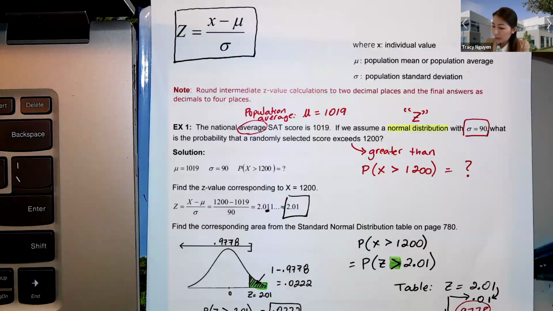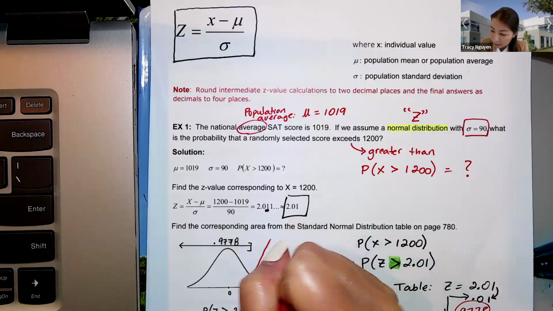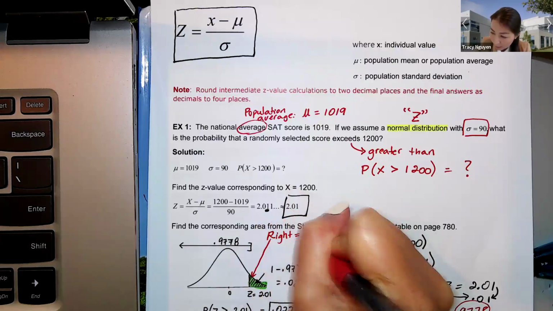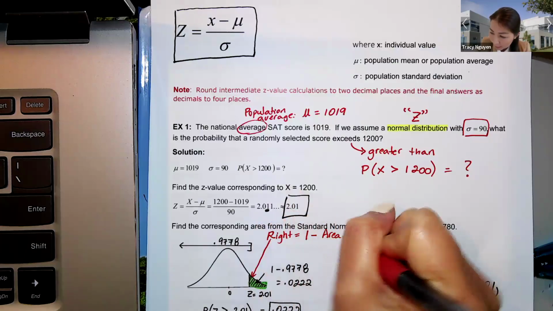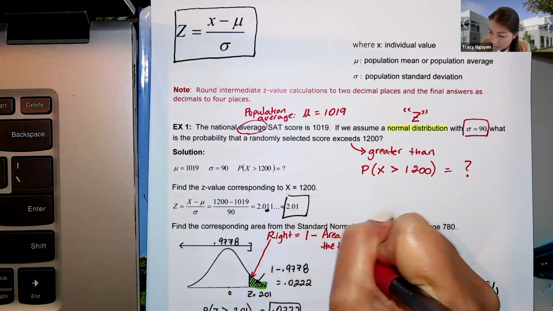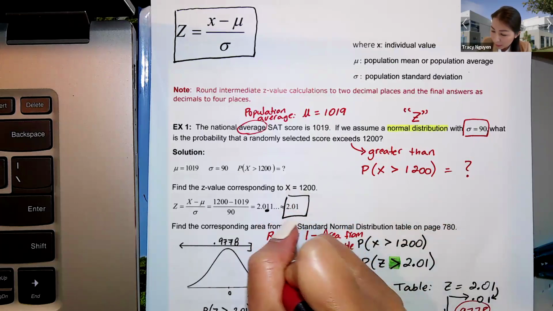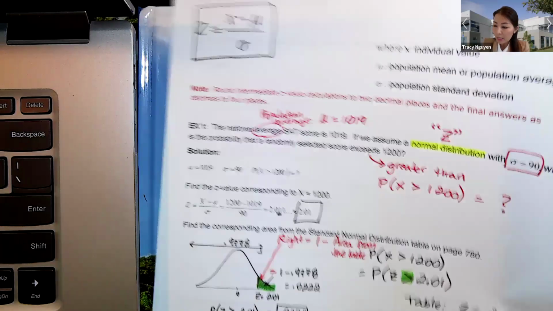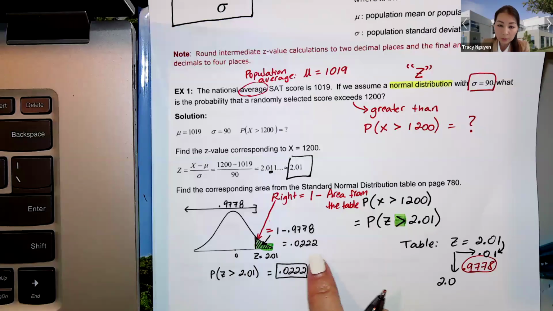So I'm going to write it as a reminder for you here. Right equals 1 minus the area from the table, which means we take 1 minus 0.9778. We end up with 0.0222.